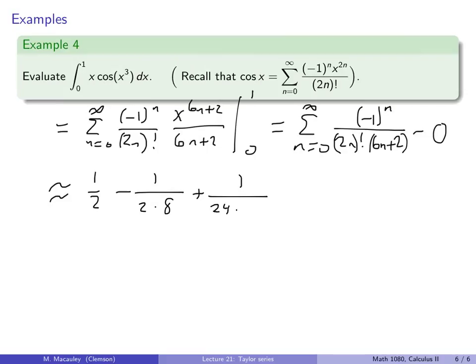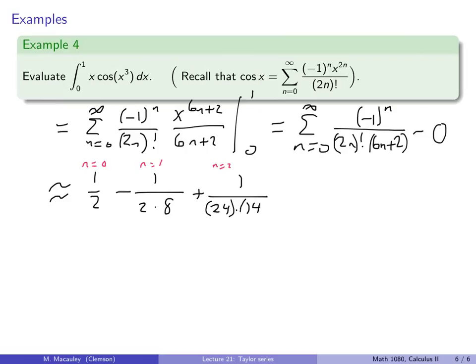And then we have 6 times 2 plus 2, that's 14.